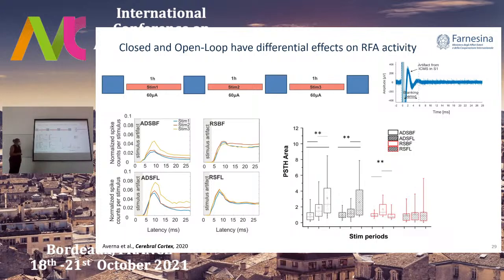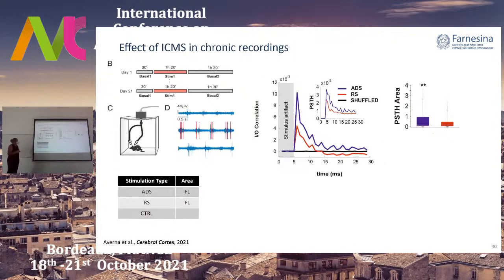So the take-home message here is that the activity-dependent stimulation, so the closed-loop modality, is able to promote a better response in the network with respect to the random stimulation. And the same result was obtained by performing experiments in chronically implanted animals over a time frame of 21 consecutive days, in which every day the rat was receiving the therapeutical stimulation.